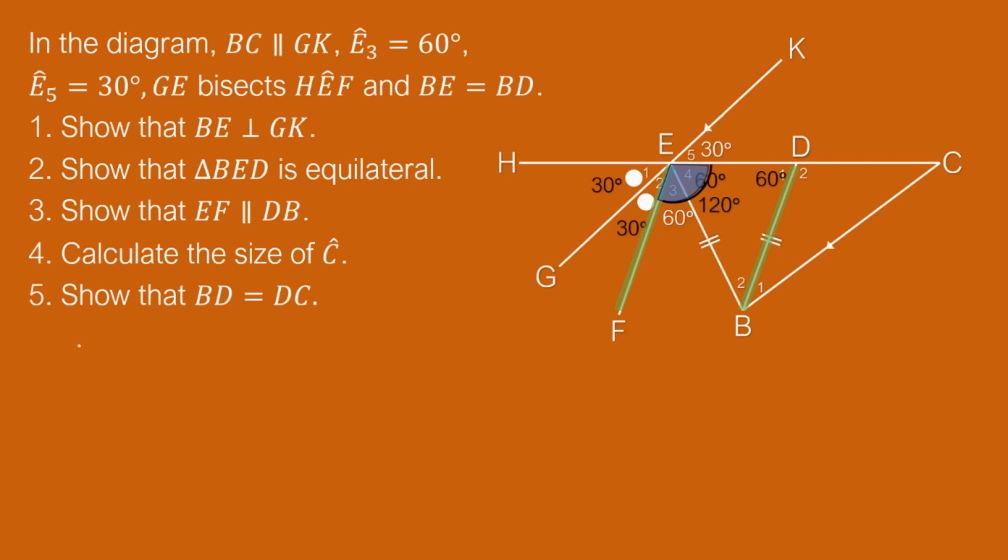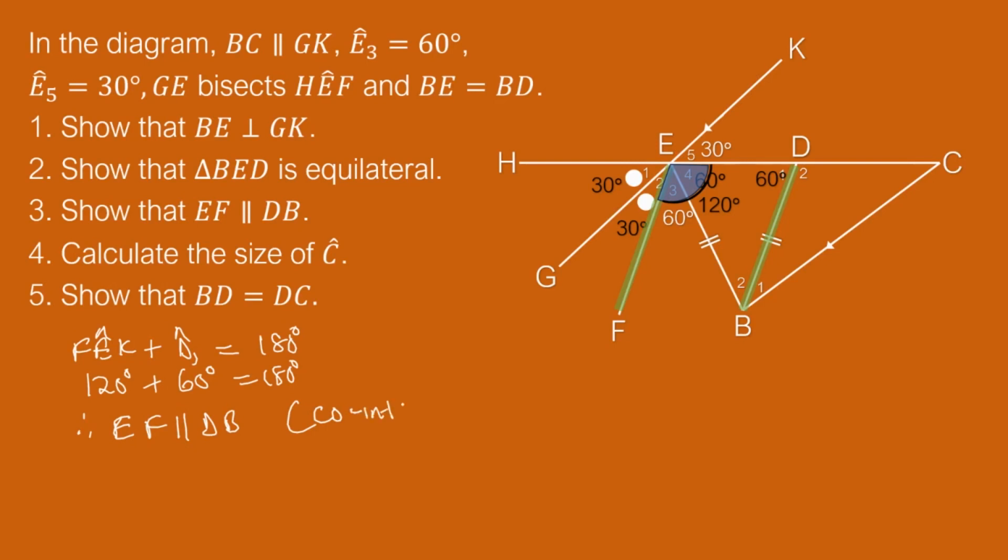And then FEK plus angle D1, what do we get? We get 180 degrees. Okay, let me write the values. 120 degrees plus 60 degrees is equal to 180 degrees. So meaning that EF is parallel to DB, since the co-interior angles are supplementary. So if the co-interior angles are supplementary, then the lines are parallel.